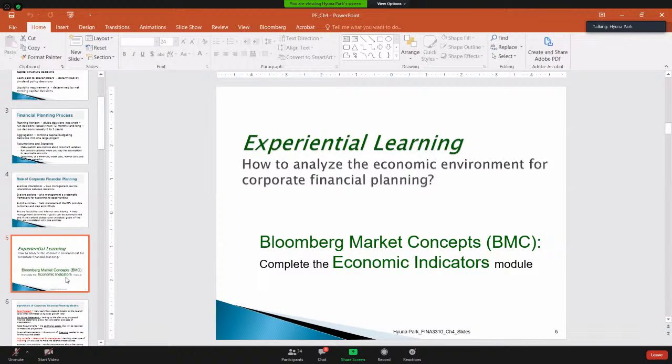Make a long-term plan for this entire semester on how to take the BMC Economic Indicators module and complete the project. The due date will be December, but you need to plan ahead to achieve this long-term goal. So this is how this chapter, BMC, and the project will work. I'm helping you make a long-term plan.